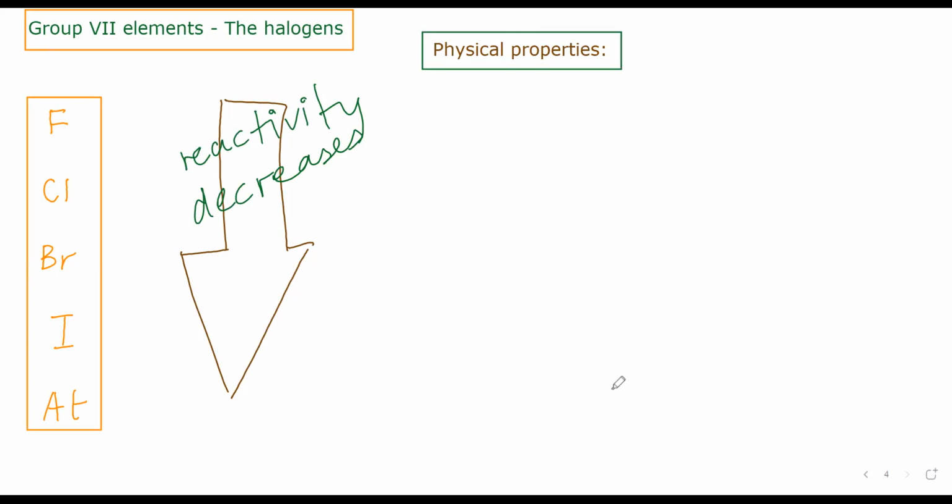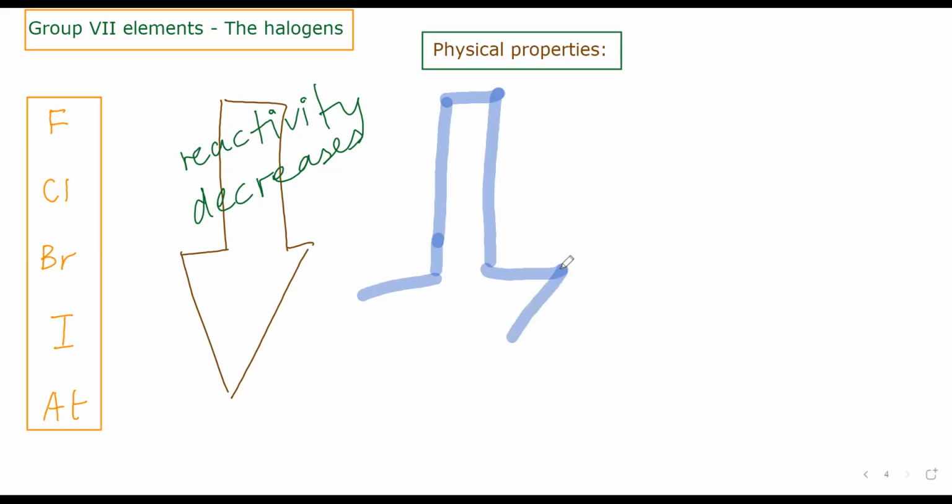Now, when I'm talking about their color, as we are going down the group, the color gets darker. What does it mean?